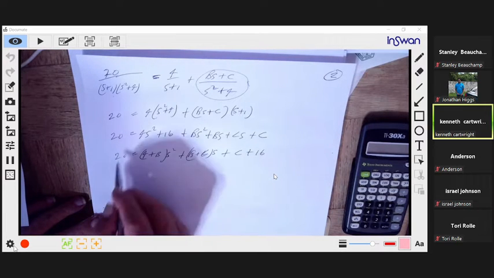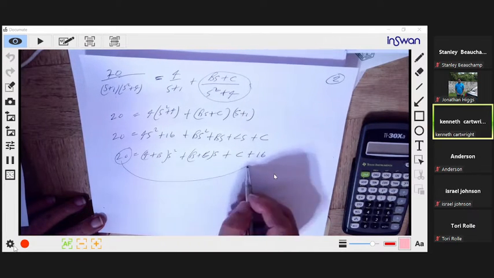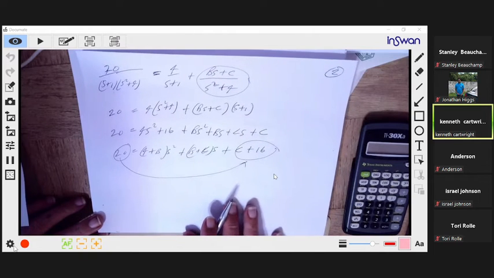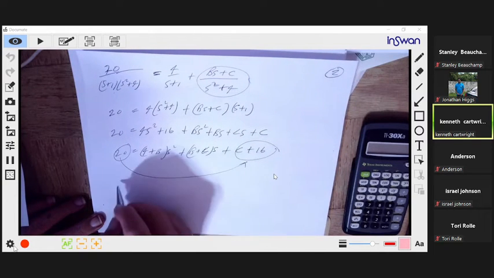So right off the bat, 20 must equal C plus 16, so C must be 4.